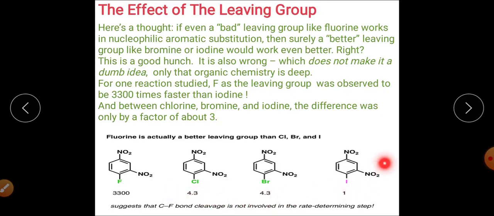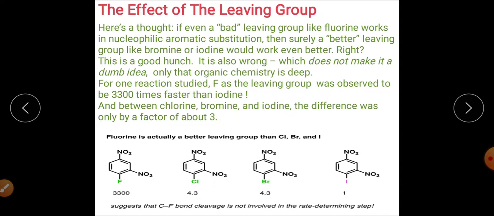So from here we can clearly say that this particular carbon and the leaving group bond has not been broken in the rate-determining step, right? So this is particularly stabilizing the intermediate, and that's why the rate of reaction is much faster in that case, right? And when we compare from this point, we can conclude that this particular carbon and halogen bond is not being broken in the rate-determining step.